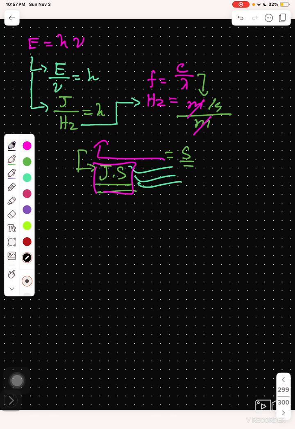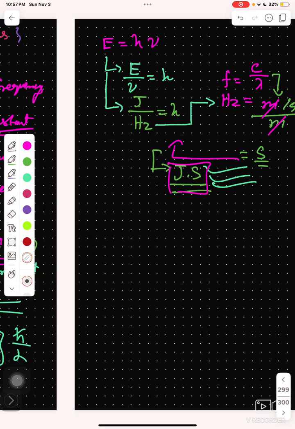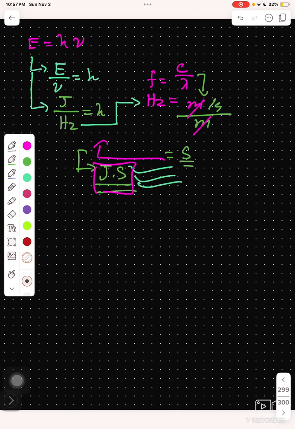Okay, then E equals hv can also be written for a photon, because a photon is nothing but light.